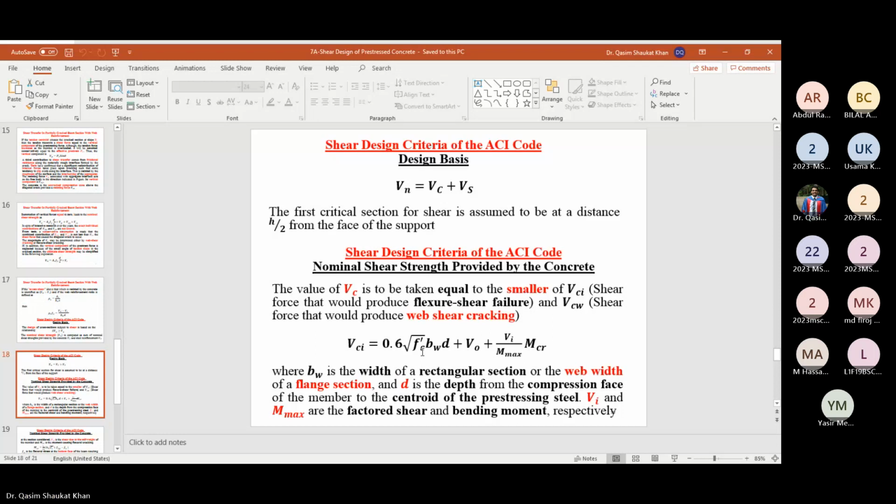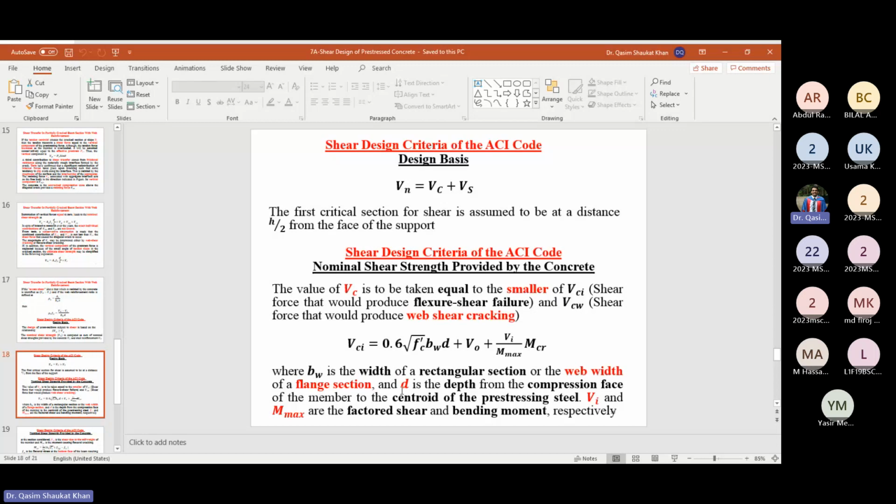FC prime is the design compressive strength. V naught plus VI over M maximum: these are basically your factored shear and bending moment. MCR is the critical bending moment. BW is the web width.